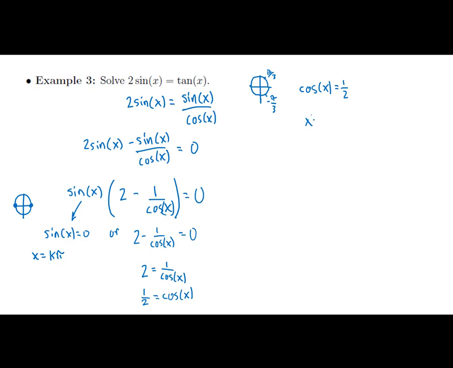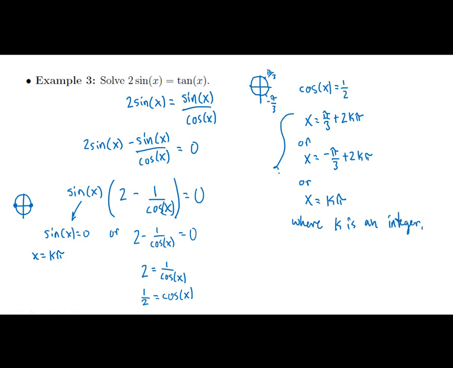So I can then say x is equal to pi over 3 plus 2k pi, or x equals negative pi over 3 plus 2k pi, or the one that we got from over here, from the sine being 0, x is equal to k pi, where of course k is an integer. All right, and so this whole smash here is my solution.